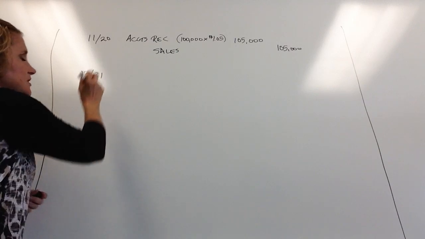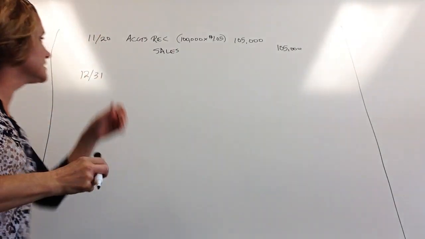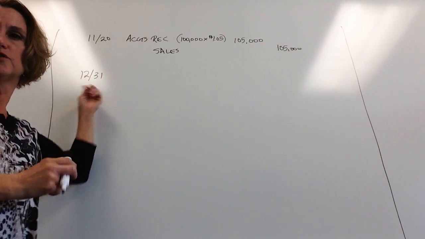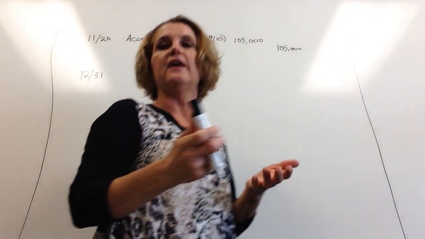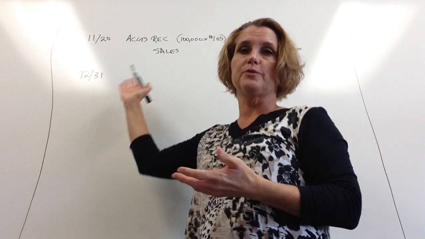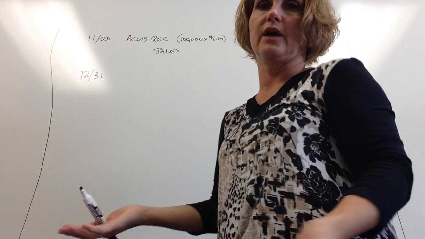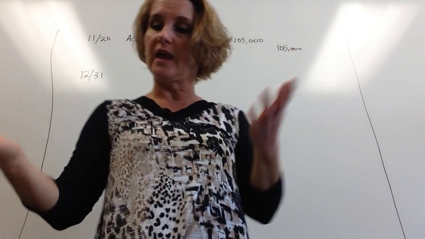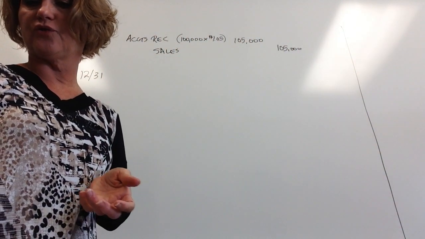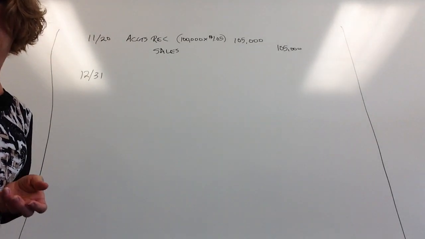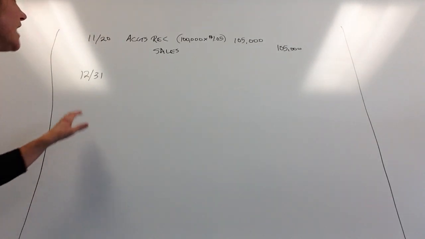Well, then the auditors come along and they say, okay, now it's the end of the year and your financial statements need to be prepared, and they want all of these receivables or payables to be valued at truly their net realizable value. So they go and say, okay, what's the exchange rate on December 31st? Well, on December 31st, it's $1.